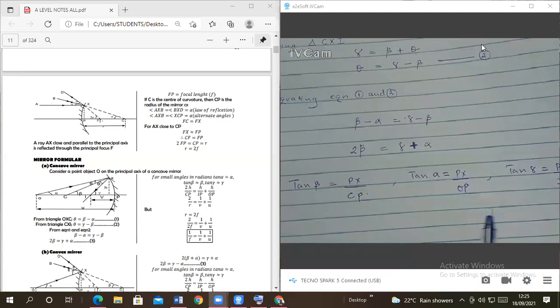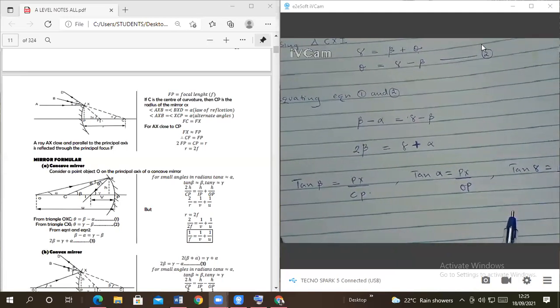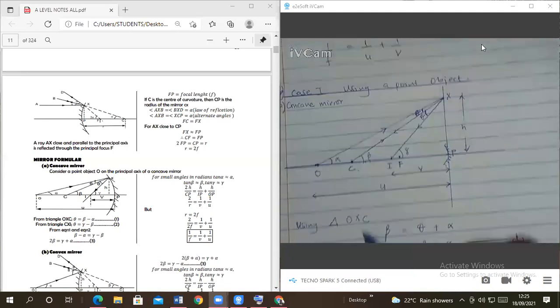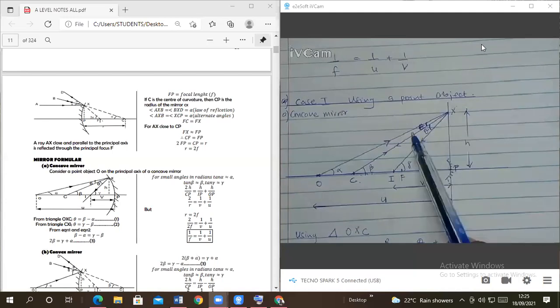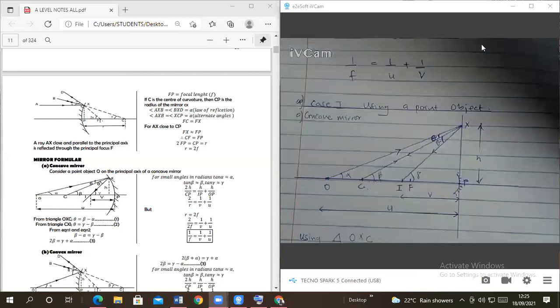Okay. But the other thing that you should know is that because these rays are paraxial, they are very close to the principal axis. So it means that these angles are so small that the tan of alpha is the same as alpha itself, and the tan of beta is the same as beta itself.